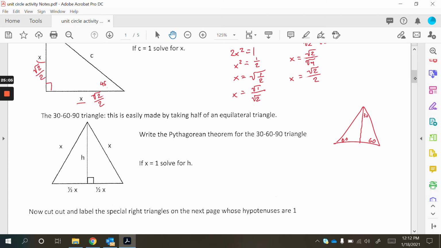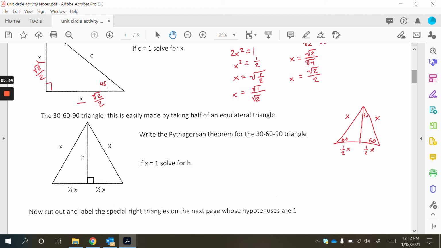So we've got a 30, 60, and also because we chopped it in half here, now a 60, 60, 60 triangle would also have all of its sides being exactly the same length. But we chopped this angle in half, which also created a line that chopped the opposite side in half. So now this is just 1/2 of x, and that's 1/2 of x.